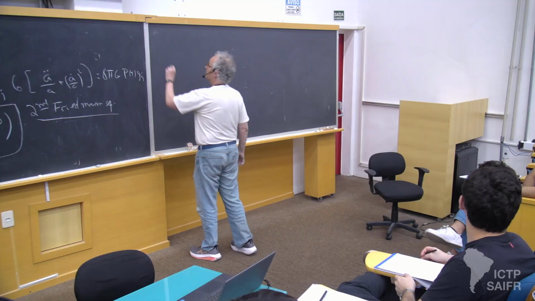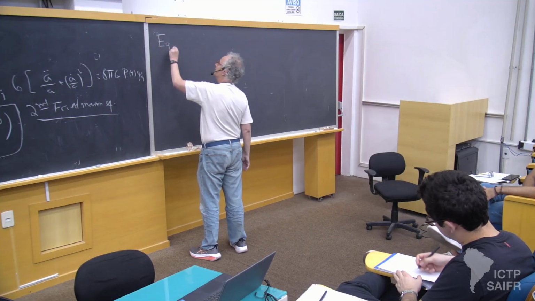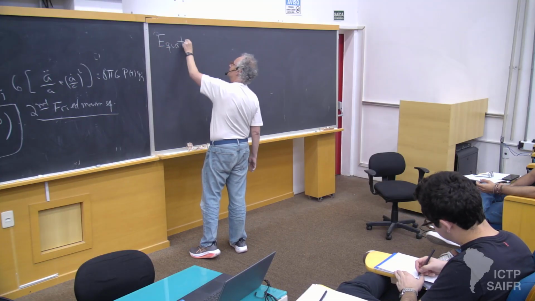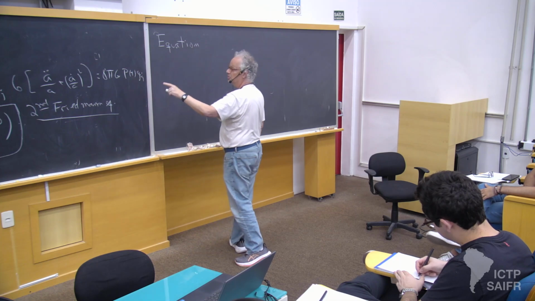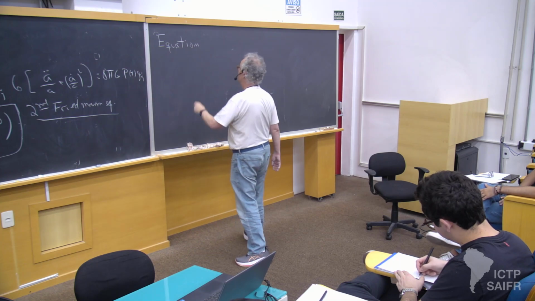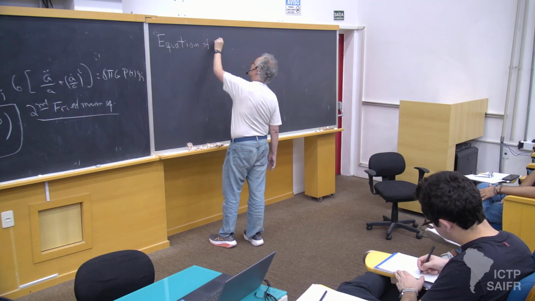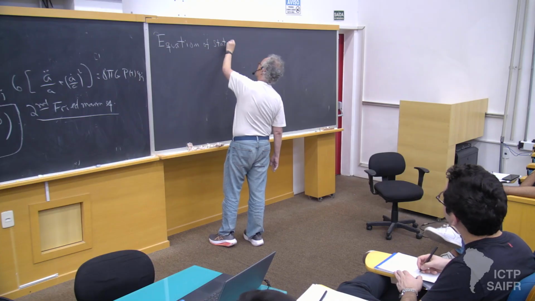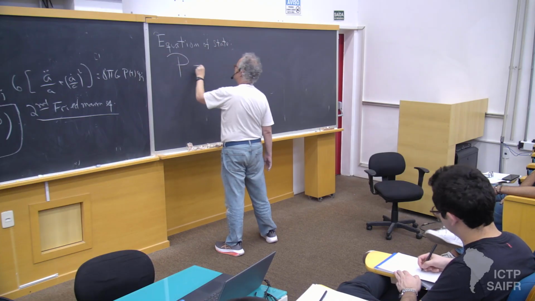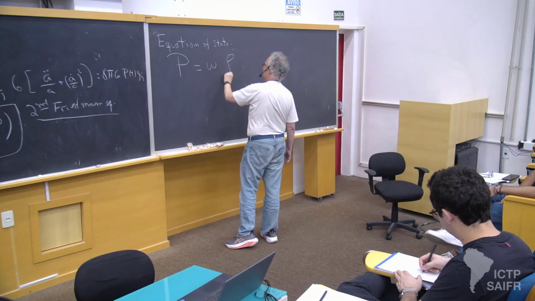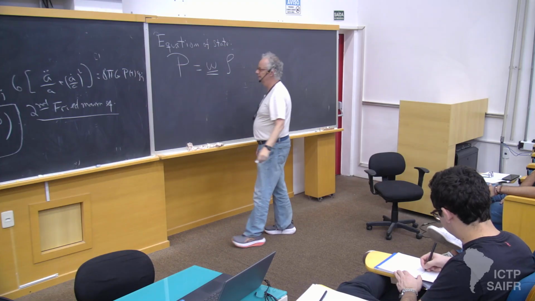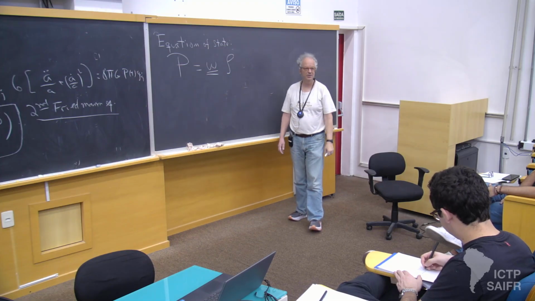Yes, we need an equation of state to solve this equation. So we have to assume a fluid with a certain equation of state, the relation between pressure and energy density, characterized by a function w, which is the equation of state.